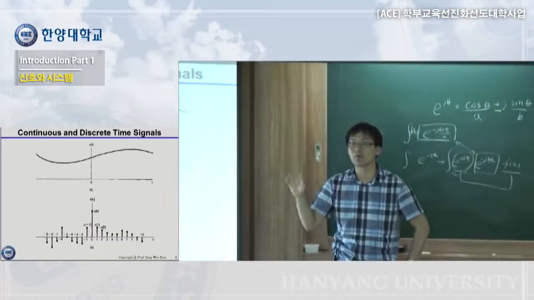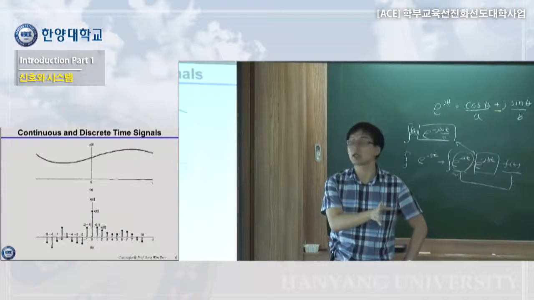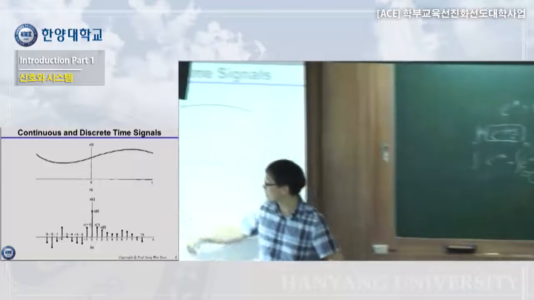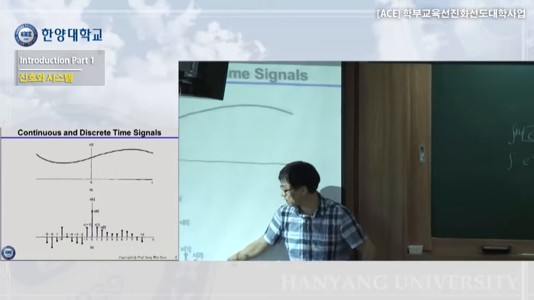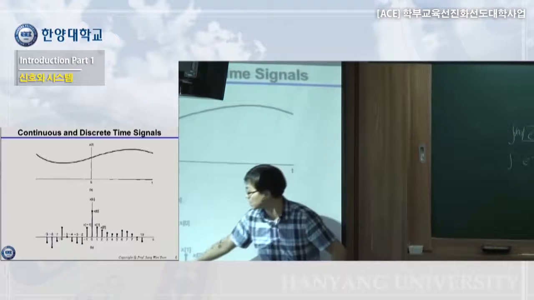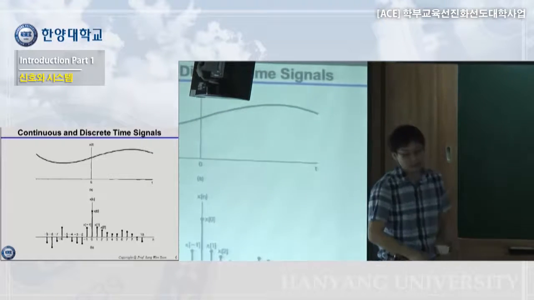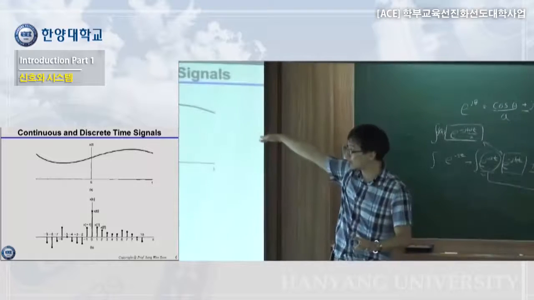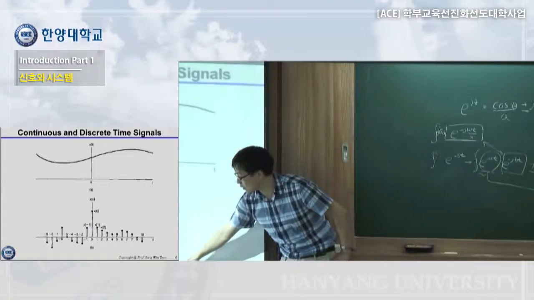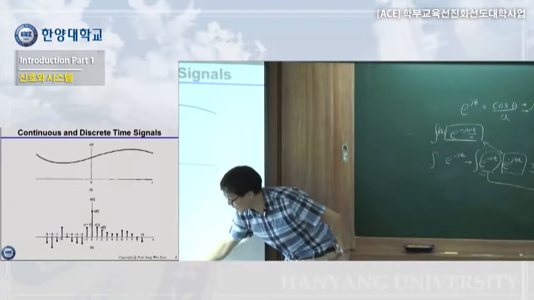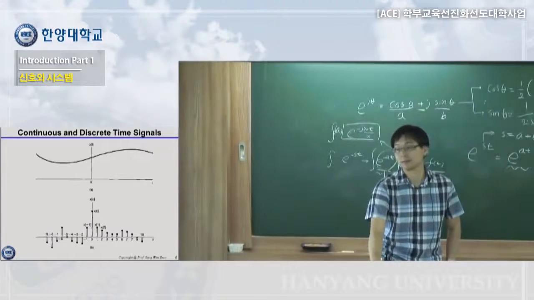So n can be 1, 2, 3, 4, but it can also be 0, minus 1, minus 2, minus 3. So you can see there are values x[0], x[1], x[2], x[3], x[-1], x[-2], x[-3], things like that. In continuous time, they become continuous like that. Discrete time is drawn with a dot at the tip and a stem coming from the dot. So you can define them like that.